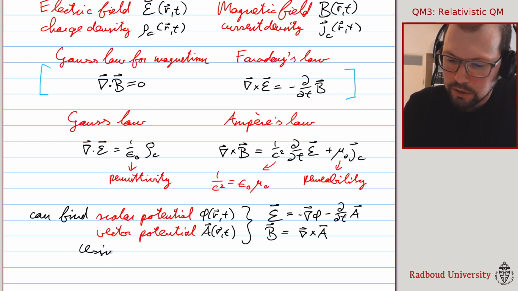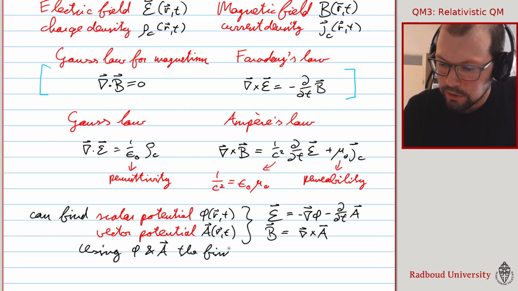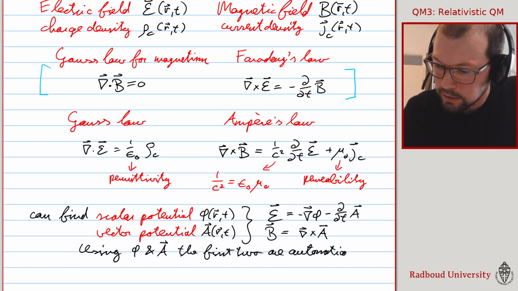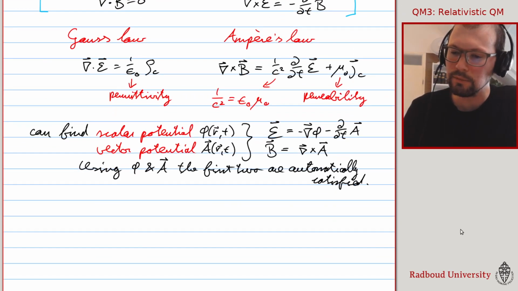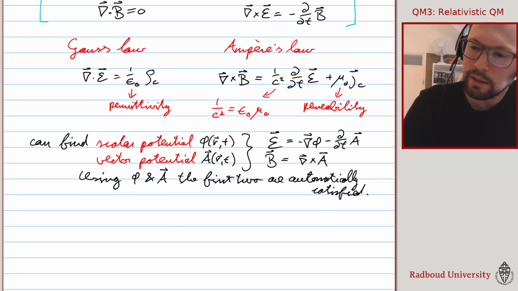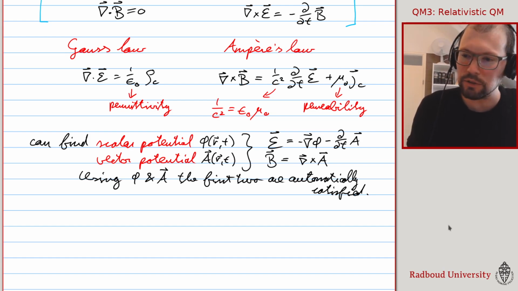So using phi and A, the first two are automatically satisfied. So we only have two more equations that we have to impose. Now, already last time we noticed that it's useful to group these two potentials into a four-vector.